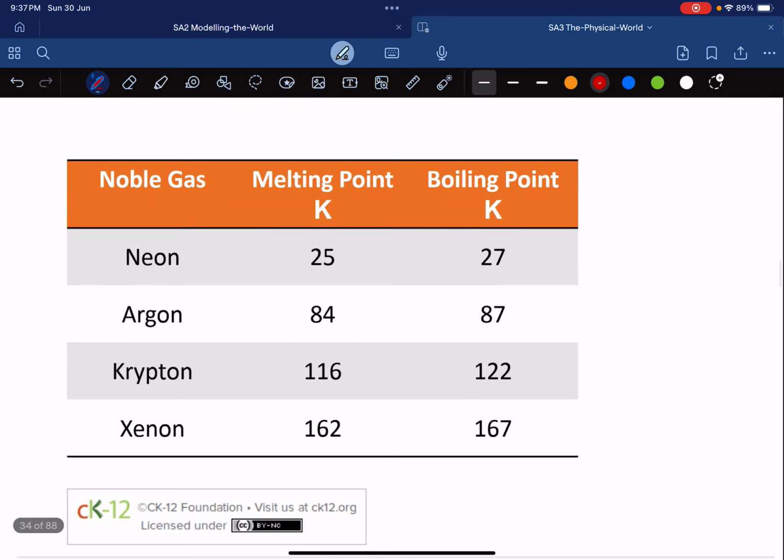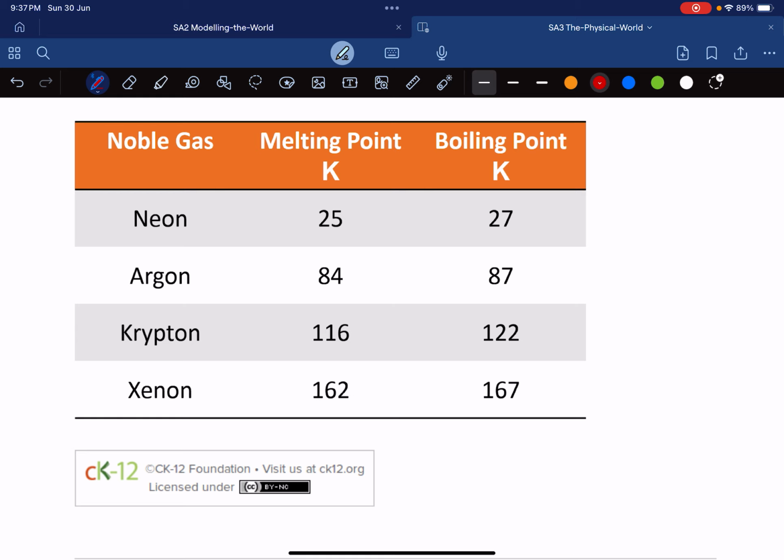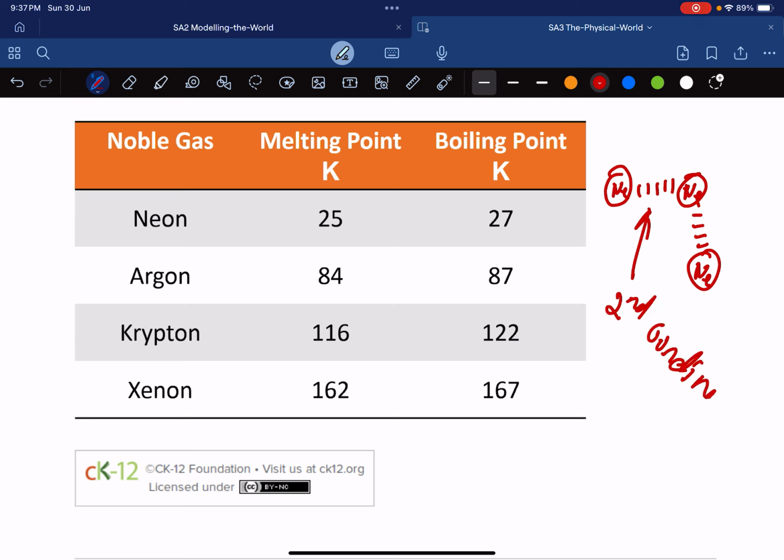Okay, same thing with noble gases. Although they are only made up of a single atom, the attraction that exists between them, so let's say this was neon, this secondary bonding is very, very weak.